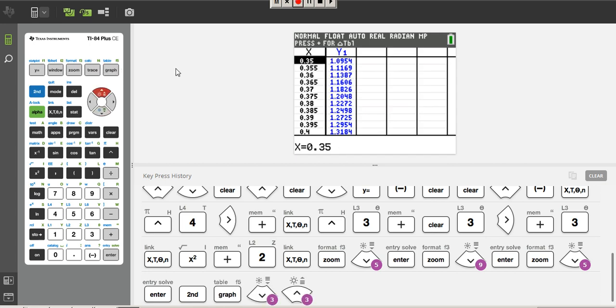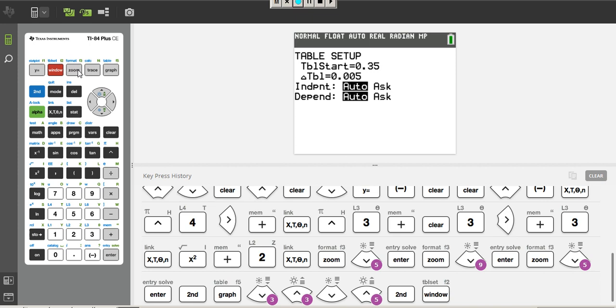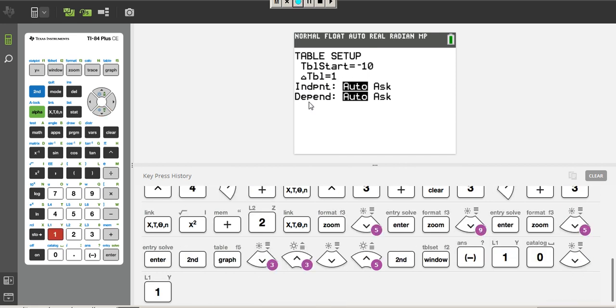Now my table's numbers are kind of weird, so if your numbers are not showing up like you want, you go to second table set, that's above window. You tell it where you want to start. So let's say we want to start at just a random number, negative 10. And this second one, this triangle right here, then this TBL, that means delta table. That means how much you want the numbers to increase by in the table each time.